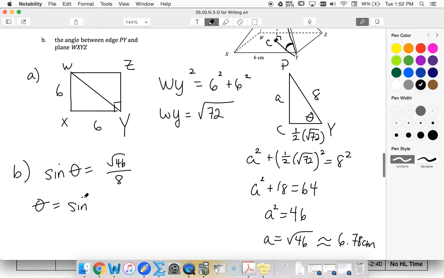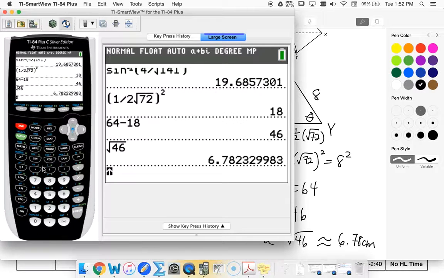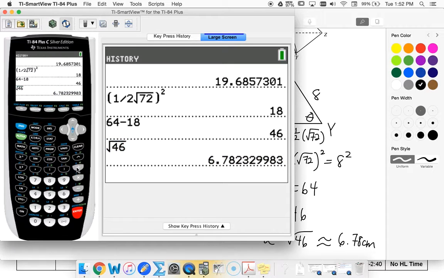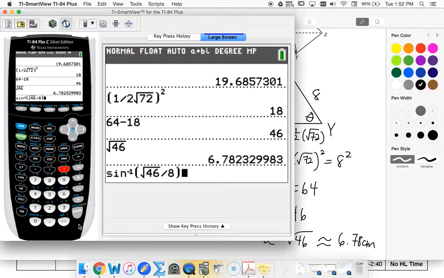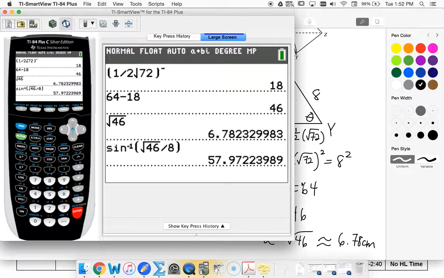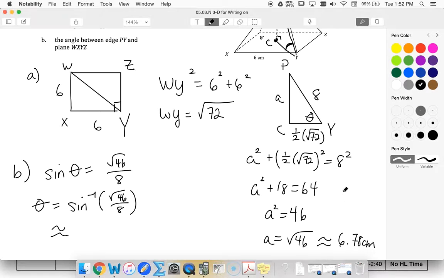So I do sine inverse of that. And I get my angle is approximately, so sine inverse of square root of 46 over 8, when I round to 3 significant figures, this causes my 9 to round up to 10, so I get 58.0. Okay.